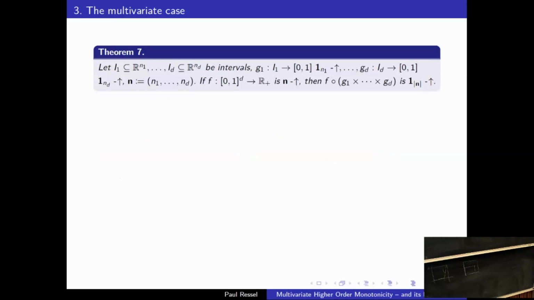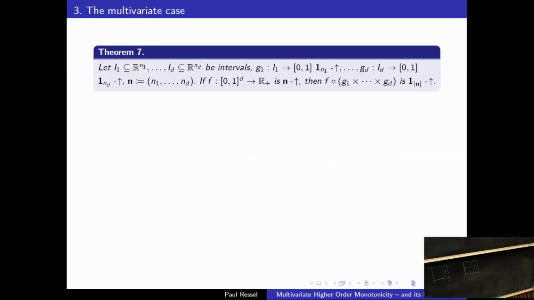In a slightly more general setting, I have d higher dimensional intervals, I1 in R to the N1 and so on, ID in R to the ND. And I have functions from these intervals always into the unit interval, and they are all more or less distribution functions.